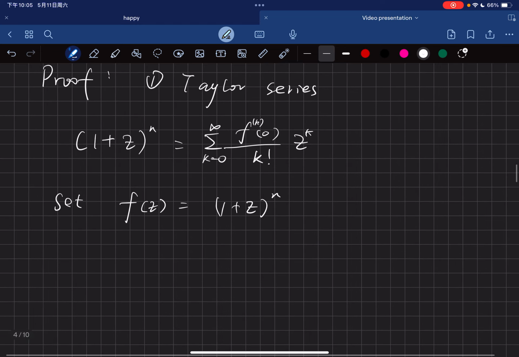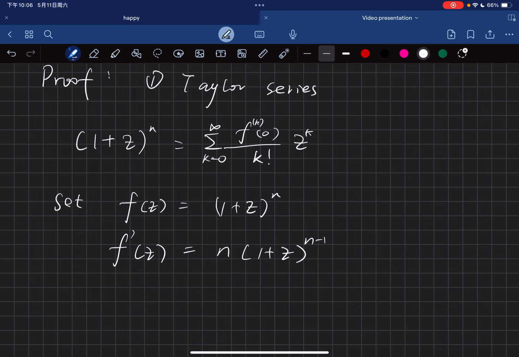If we take the derivative of this function, the first derivative, we get n times 1 plus z to the power of n minus 1.